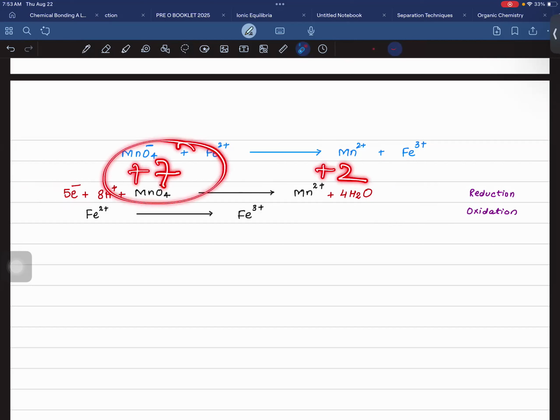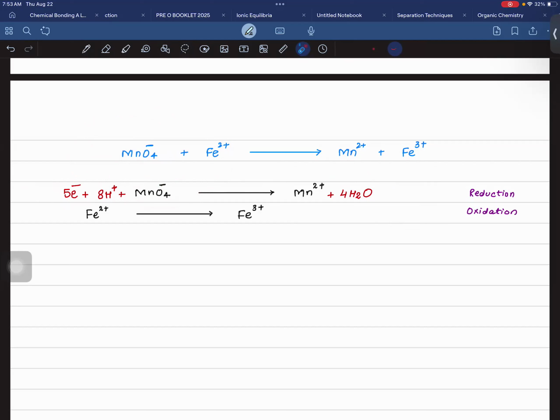This is the larger number, so I'm supposed to add electrons on that side. This is the trick, this is the hint for you. This is the first equation. We would be balancing an enormous amount of equations, more and more, so you will be growing, inshallah, after practicing.